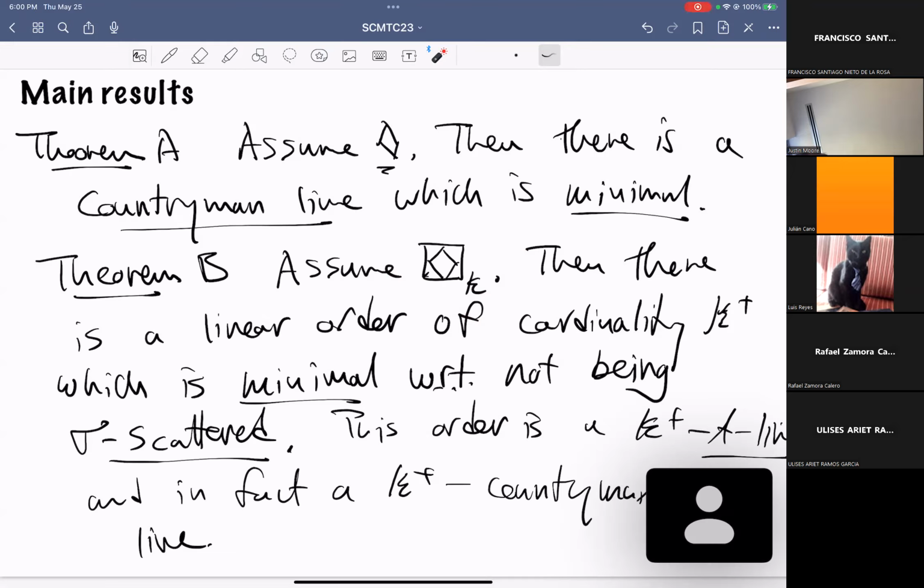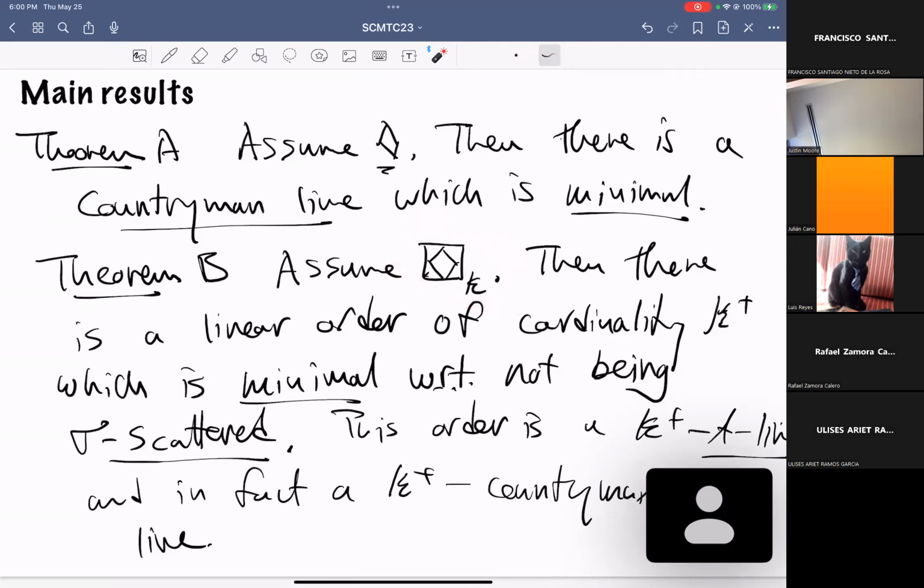Or sorry, if square sub kappa holds, kappa singular strong limit, and GCH holds there, right? Those are two minimal things that you need in order to get this. You can upgrade them to this sort of square with built-in diamond.